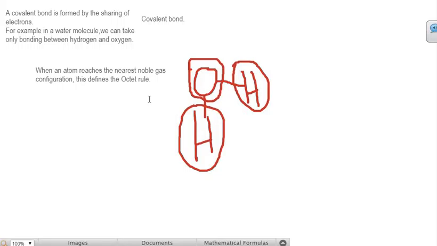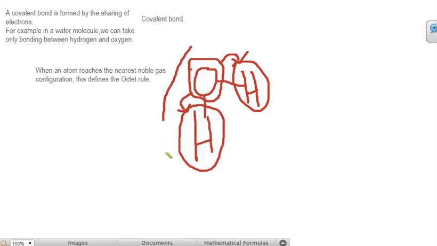For hydrogen it has to reach 1s2 to complete its outer shell, and that defines the octet rule, while oxygen requires 1s2, 2s2, 2p6, and it has 2p4. So oxygen shares one electron to this hydrogen and one more to that hydrogen, and each accepts that.